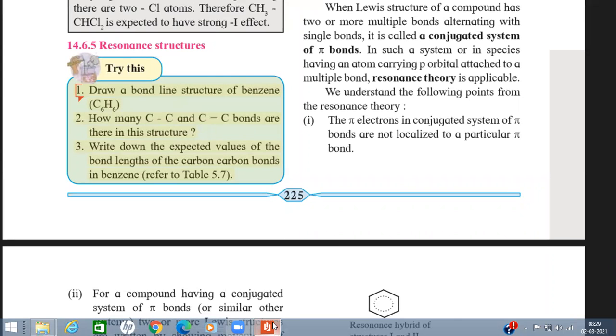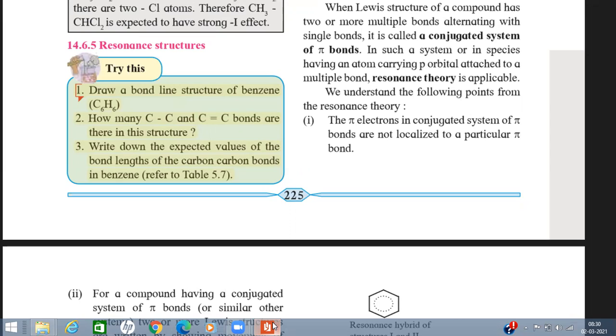We had already studied the first type of effect, the inductive effect. Now the second type of effect is resonance effect.